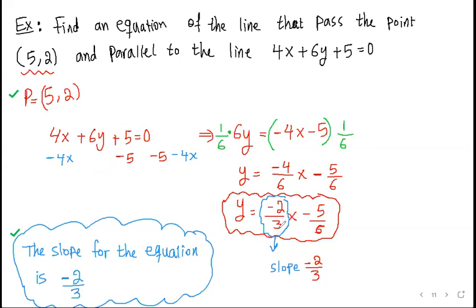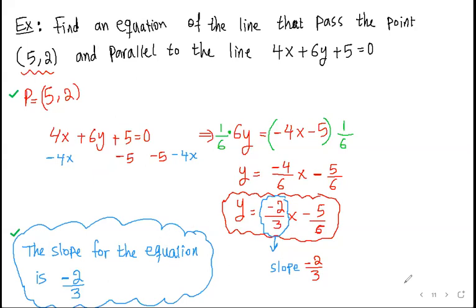Before you find that it is minus 2 over 3, you have to solve it in terms of y. I mean, you have to make the equation y equals something. After you find the equation y equals something, the slope of this equation is exactly like the slope of the equation I'm looking for. For the equation I'm looking for, they give me a point. I get the slope from the second line.